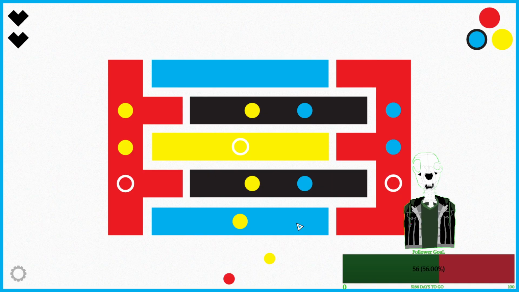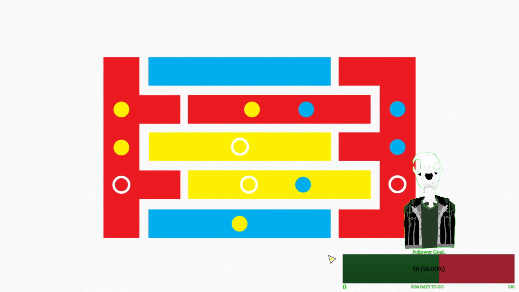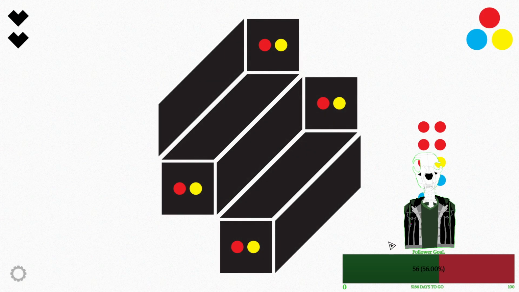Then we simply need one of these to be red and one to be yellow. Is there a way to tell which one's red and which one's yellow? Not that I can tell, so we're guessing. Lots of reds, two yellows, two blues.